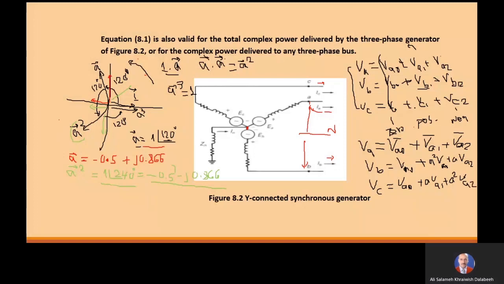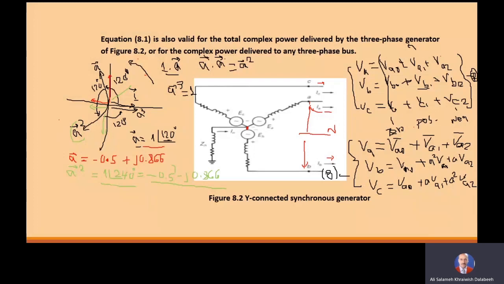Okay. What is the difference between these equations? Let's say that this set is equation number 7, and these equations are number 8. What is the difference between the two sets of equations?